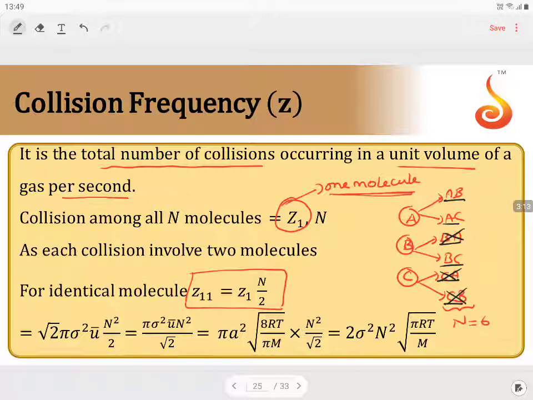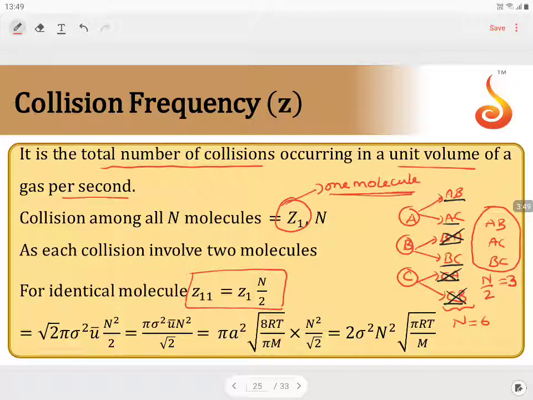If I remove the repetitions, the number of collisions left within the system is only AB, AC and BC, which equals 3, which can be written as n by 2, that is 6 by 2. So the number of collisions possible within the system, excluding repetitions, is n by 2.